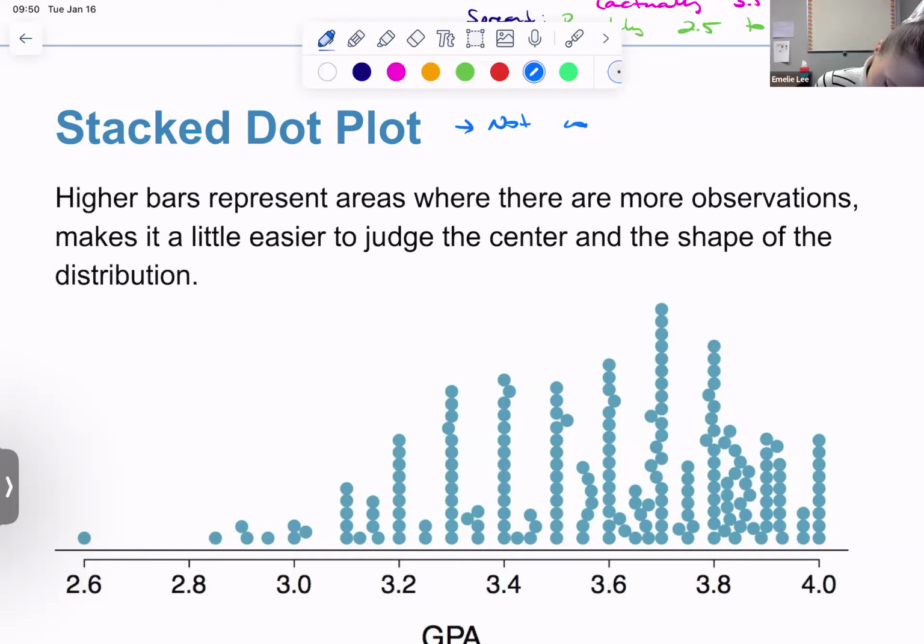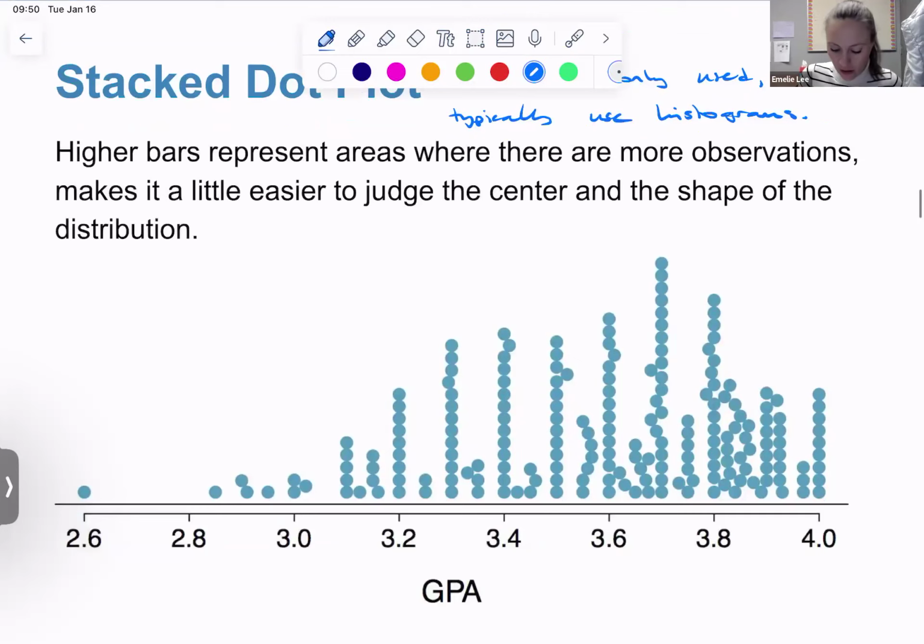Not commonly used. We typically would use what we call a histogram. We typically use histograms. But the idea is the same, so it doesn't really matter.